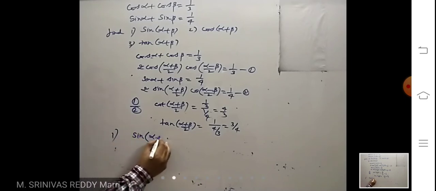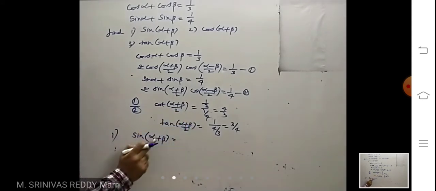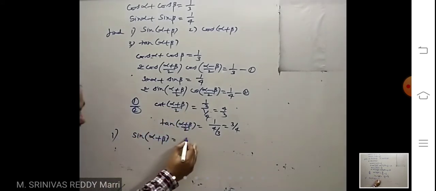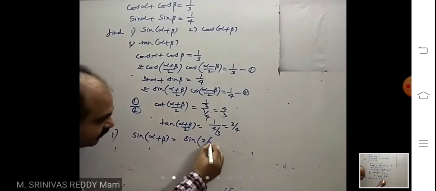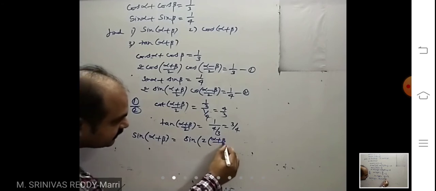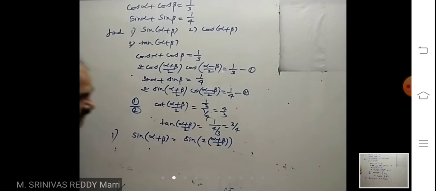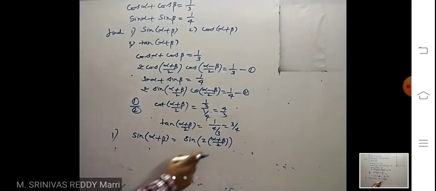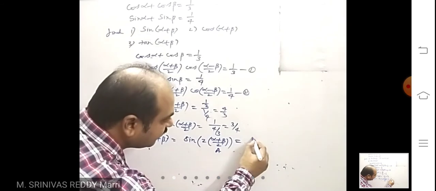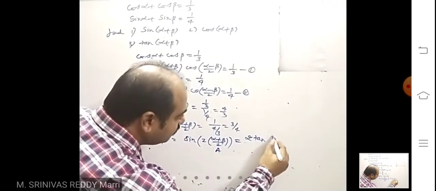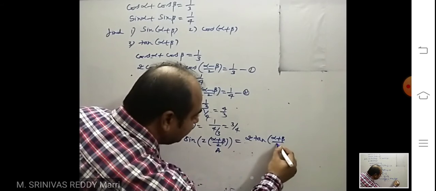Now the first question. If this is theta, you know tan theta by 2. As alpha plus beta is known, I am writing sin of (alpha plus beta) as sin of 2 into (alpha plus beta) by 2. What is sin 2A in terms of tan?